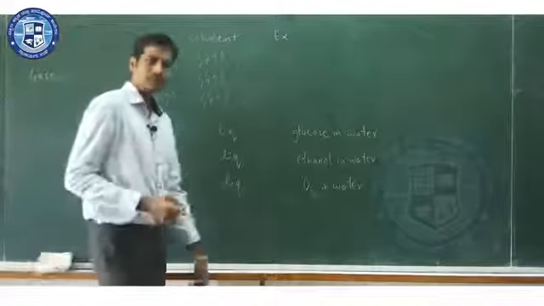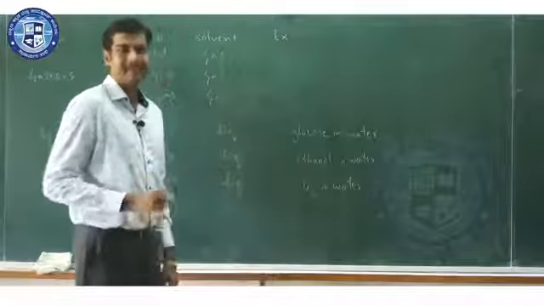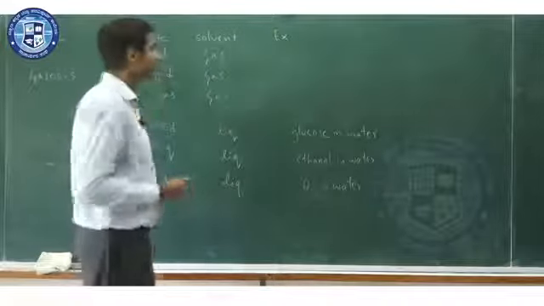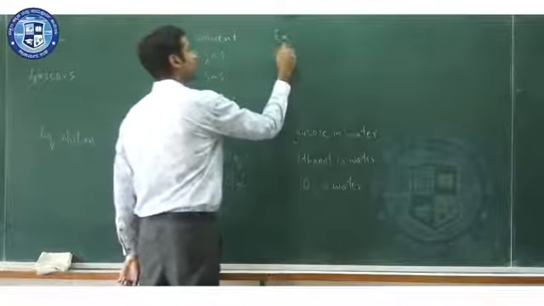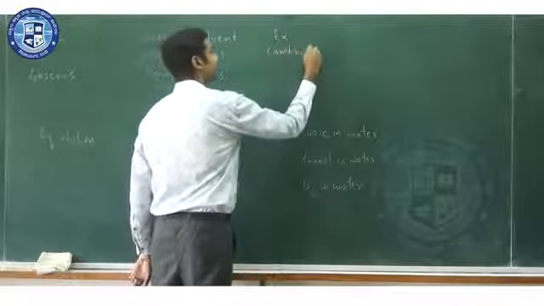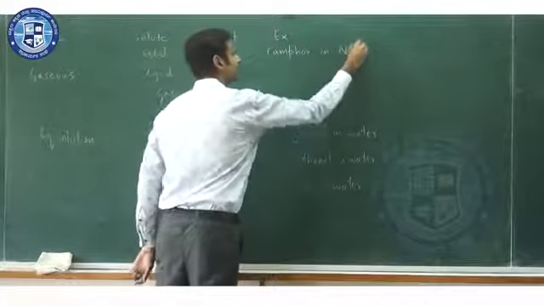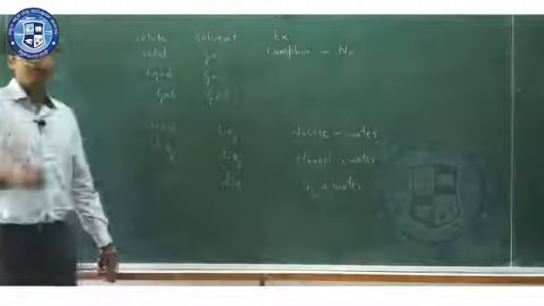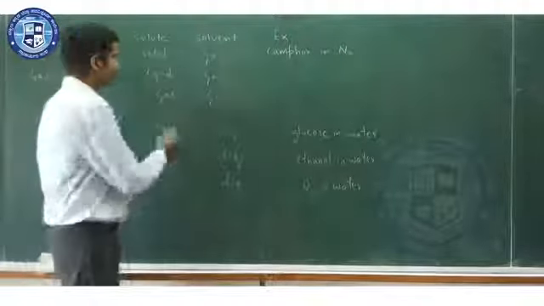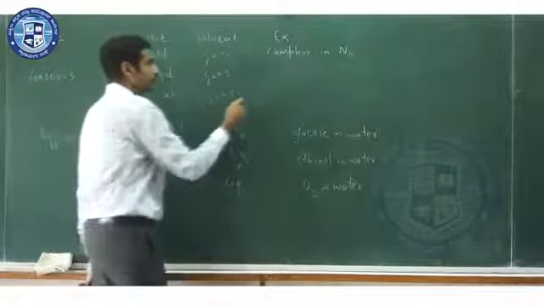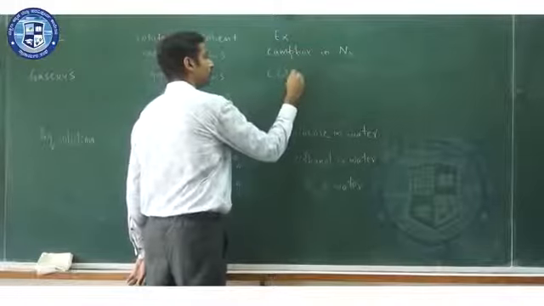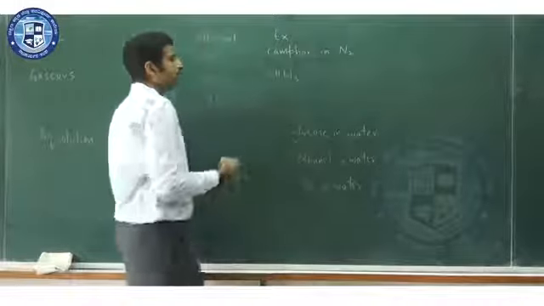Camphor is a solid which sublimes very easily. It undergoes sublimation directly into the vapor phase. Hence, if you have camphor in dinitrogen, an inert gas, it will form a gaseous solution. Liquid in a gas, chloroform is a volatile liquid.